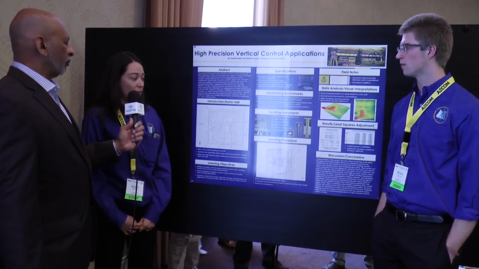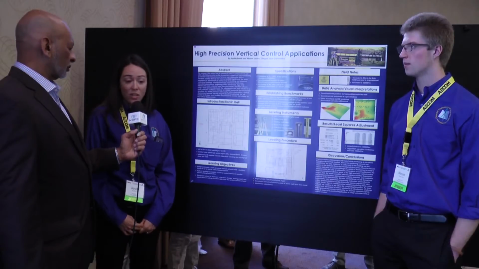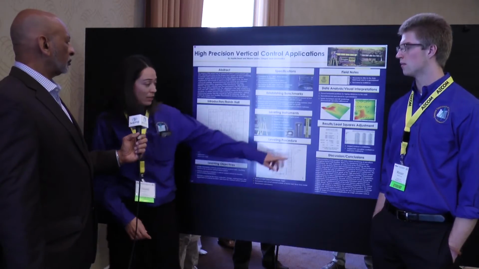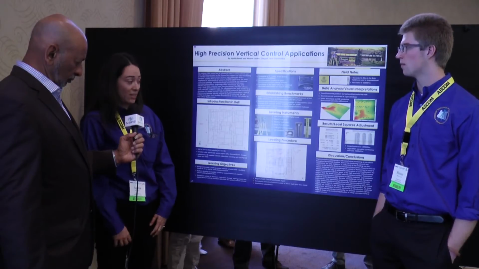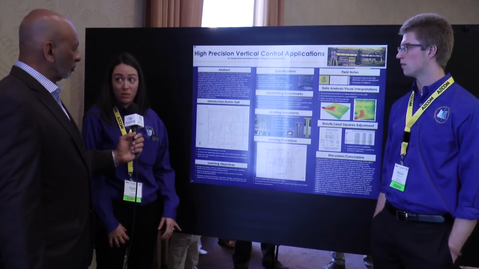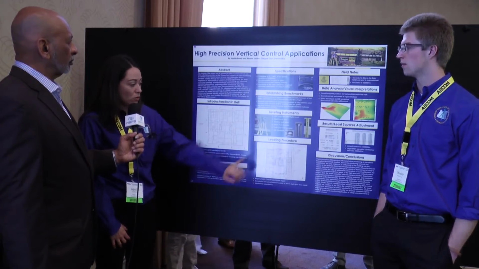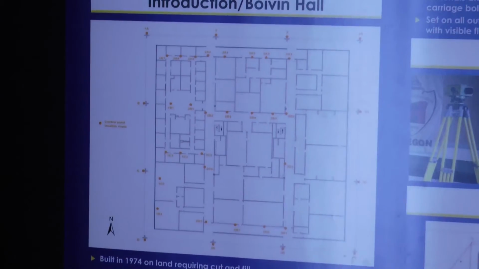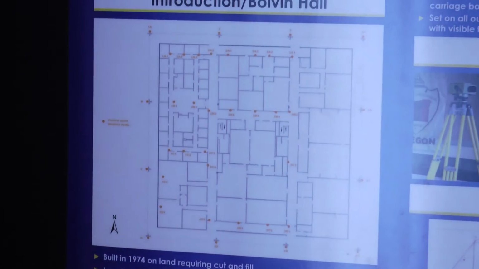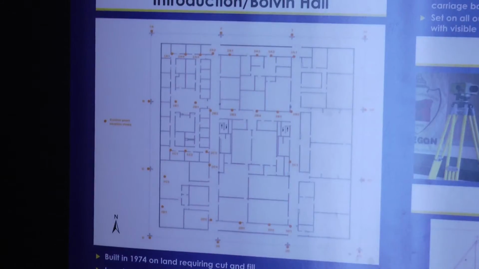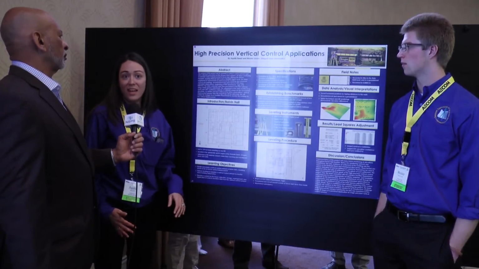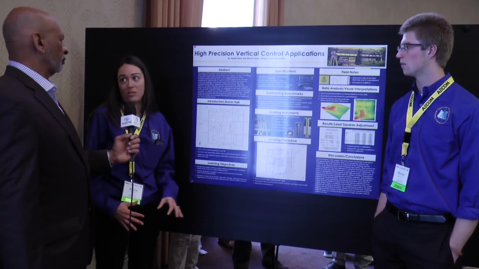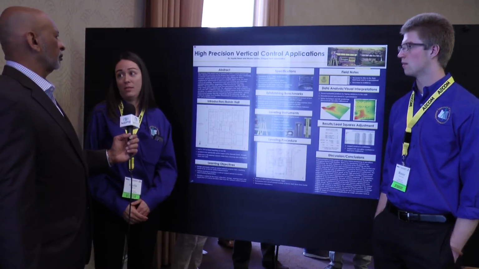So we ran that level loop and then closed back on an NGS class 2 monument here. Then the inside level lines connected to the exterior columns as well. We're most concerned in this project with the interior points, but we needed to set the exterior points so that we could see how the shift is in relation to the load bearing columns.